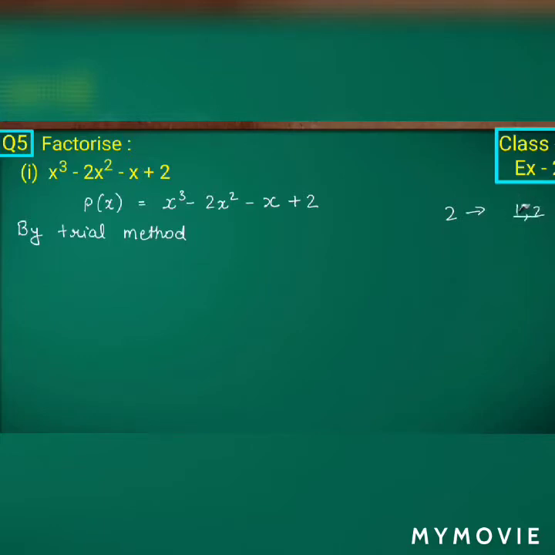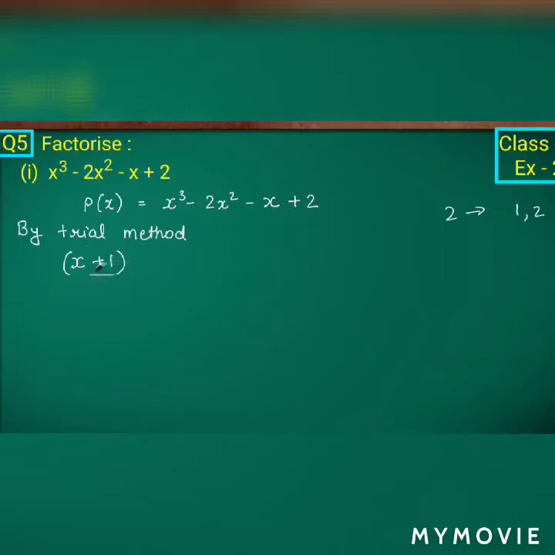We have to go through the remainder theorem and find the g of x, and then divide the p of x by g of x to find the factors. If you observe here, the constant number part is 2. So either we have to take x plus 2 or x plus 1, sometimes x minus 2 or x minus 1.